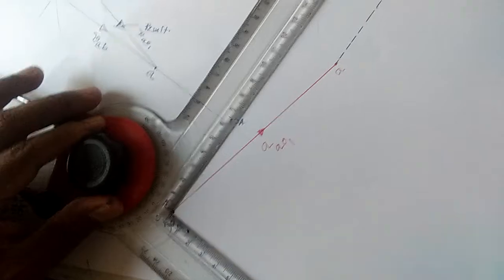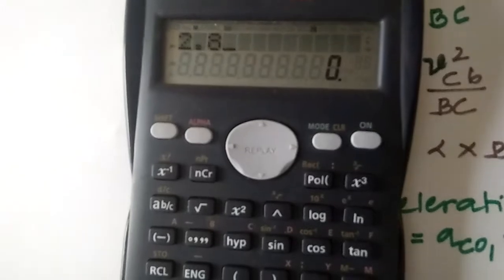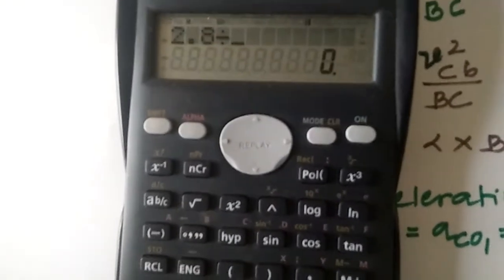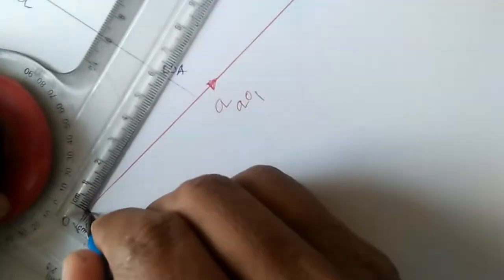O2 is here. 2.8 divided by 5 comes as nearer to 6 mm.